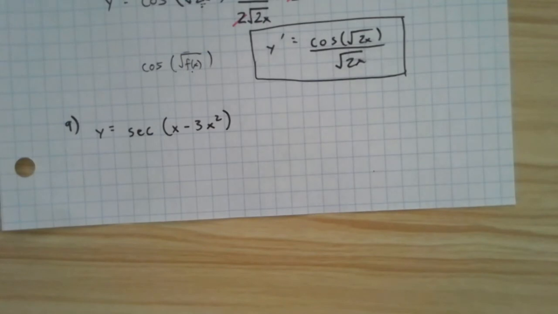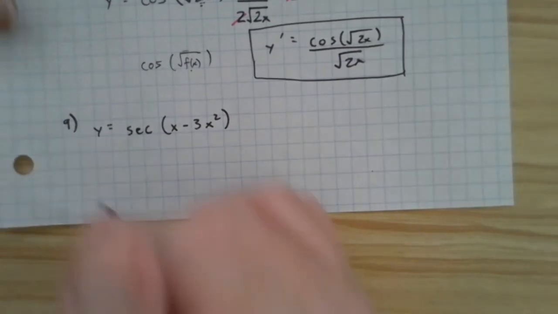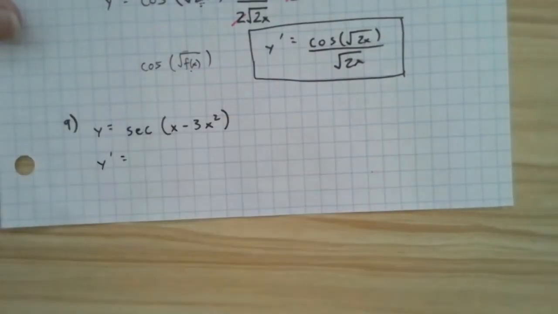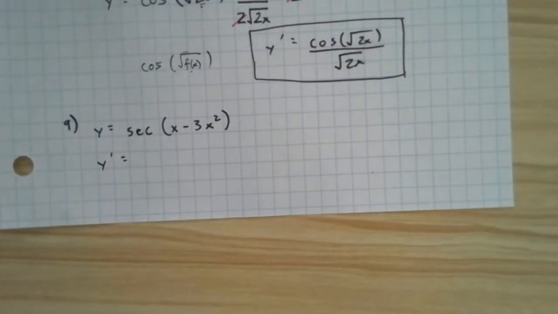Now the derivative of secant x is secant x tangent x. So then y prime would be equal to, again, the derivative of secant x is secant x tangent x. So then, no, that's not correct.